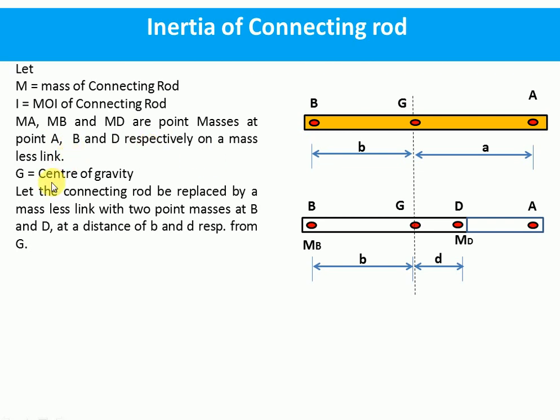G is the center of gravity. Let the connecting rod be replaced by a massless link with 2 point masses at B and D. In the first case, we are considering 2 point masses at point B and D at a distance of small b and d respectively from G, as I just said.